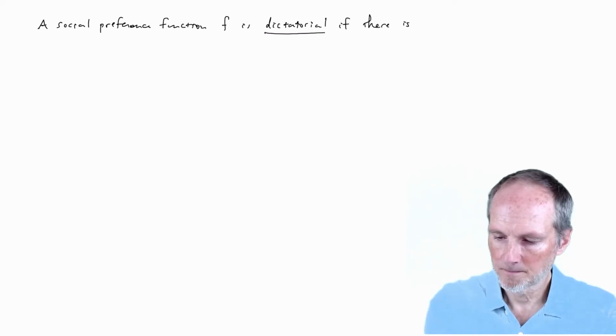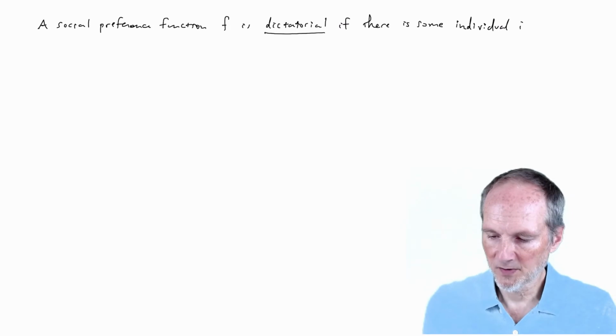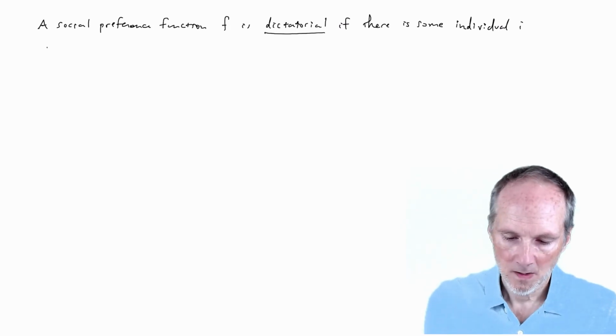Well, a social preference function F is dictatorial if there's some individual, let's call that person I, such that the following holds.